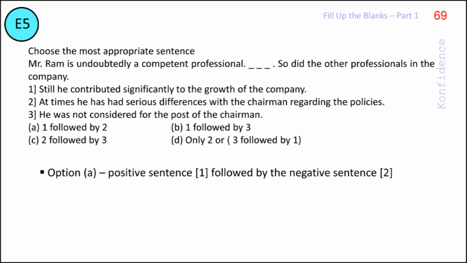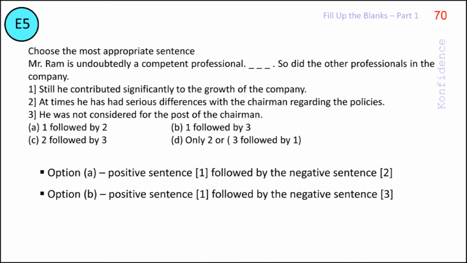It is positive in tone. This positive sentence does not contradict sentence 1. So, option A will not fit the blank. Because of the same reason, option B, which also begins with sentence 1, cannot be the correct choice.